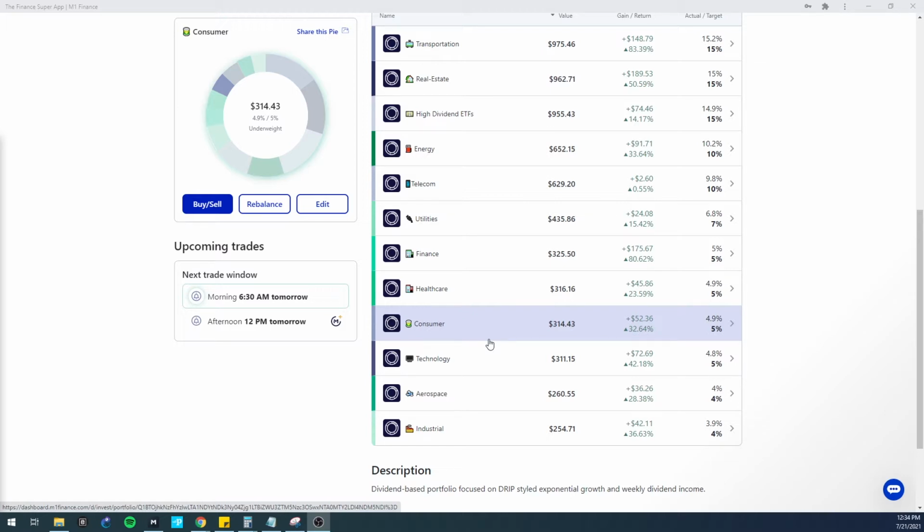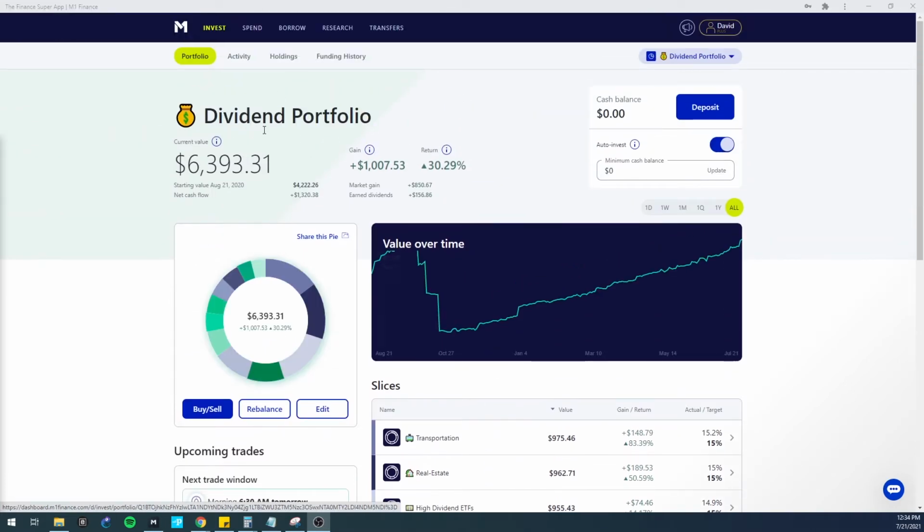That is money that is being paid to me by companies whose stock I bought. So with that said, as you can see here, my portfolio, I'm not a millionaire.